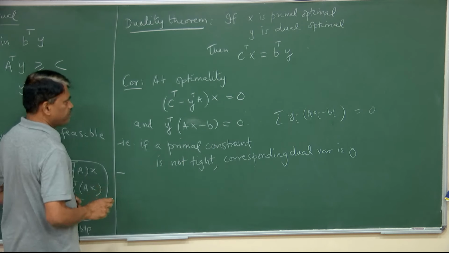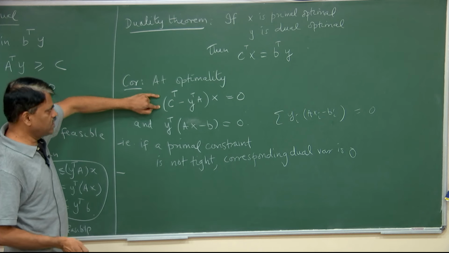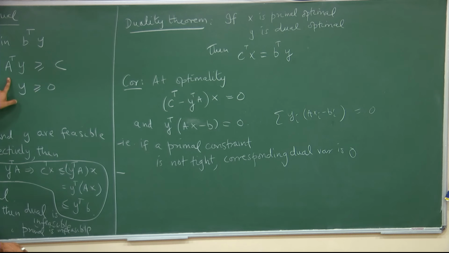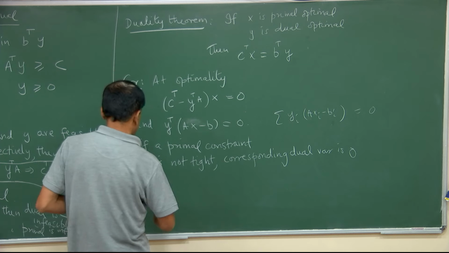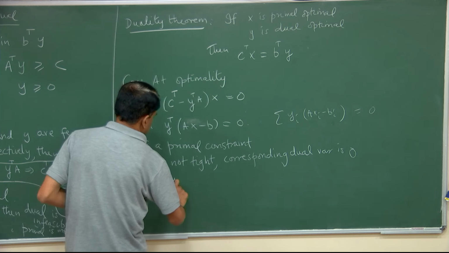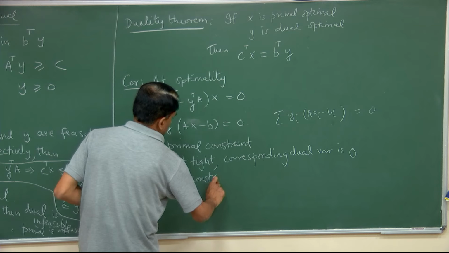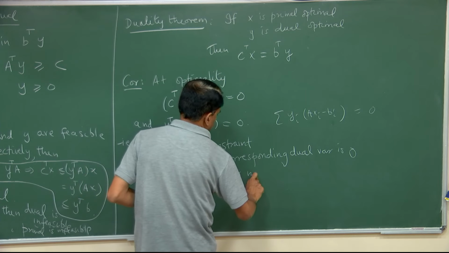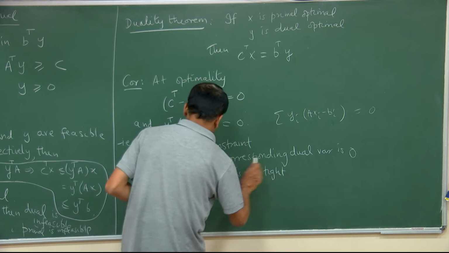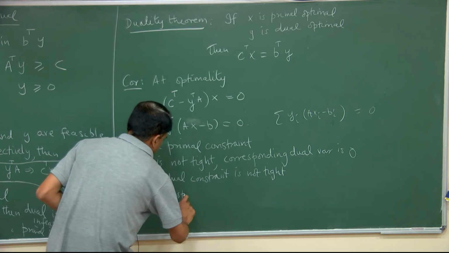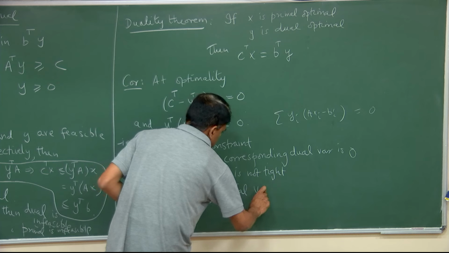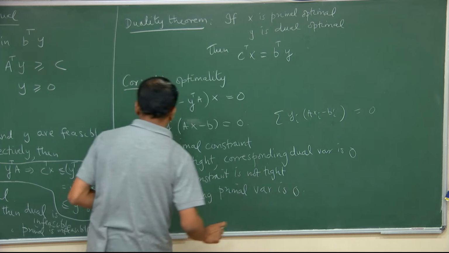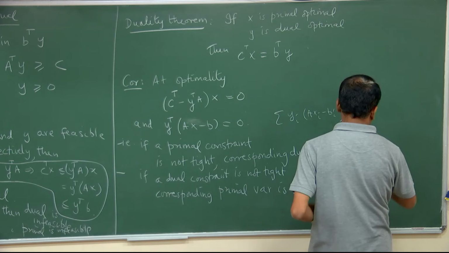And similarly, if you expand out this whole thing, again, c minus A transpose y is less than or equal to 0 because of this constraint, if y is a feasible solution for the dual. So if a dual constraint is not tight, the corresponding primal variable is 0. This is called the complementary slackness condition.